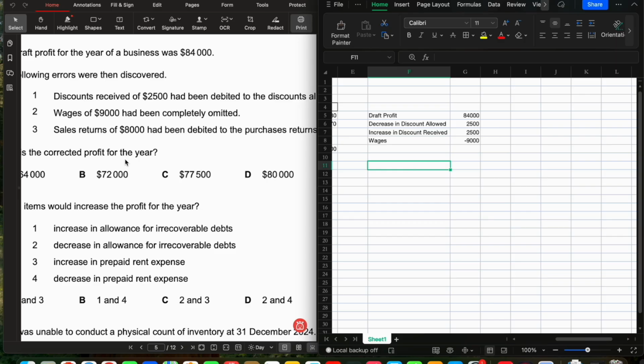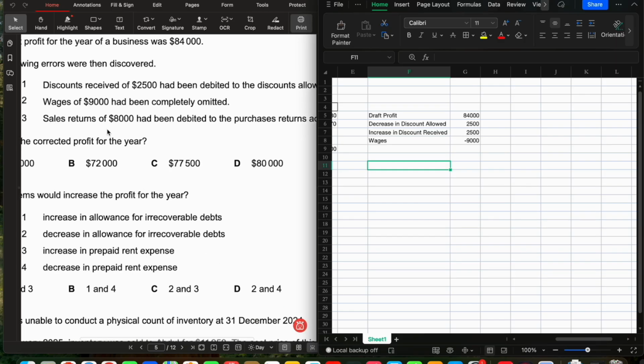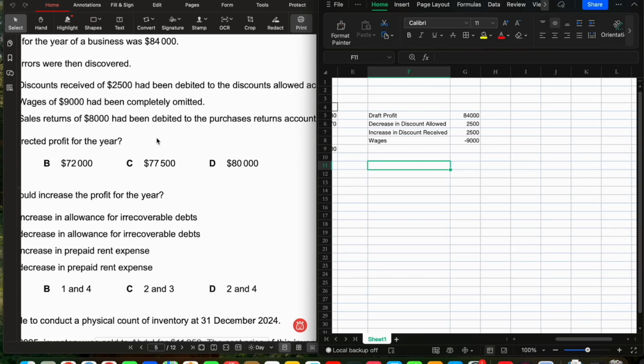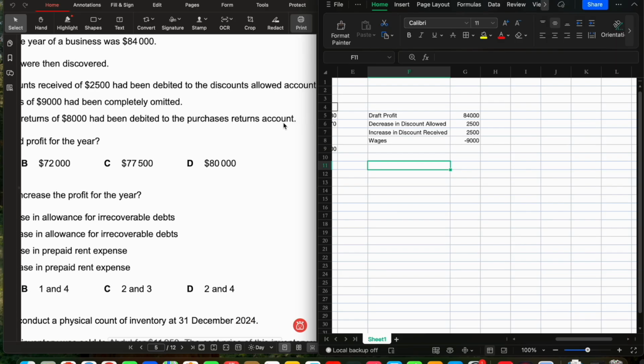And then the last one, here it says a sales return of 8,000. A sales return basically means expense. Sales is an income, sales return is an expense. So there's an expense of 8,000 which is supposed to be here, but we wrote that in the purchase return account on the debit side. Now purchase return is your income, because purchase is your expense, purchase return is your income, and income, as I already told you, has a credit balance, but we wrote it on the debit side.